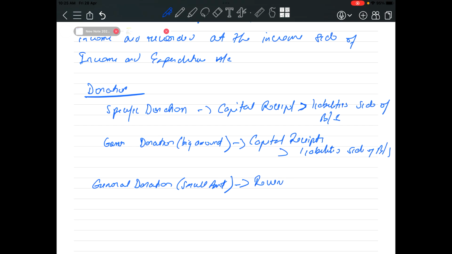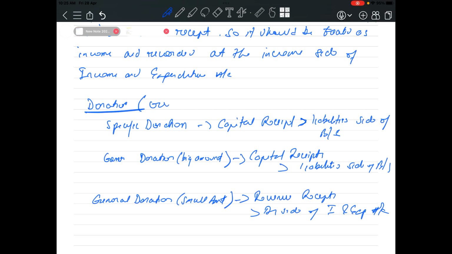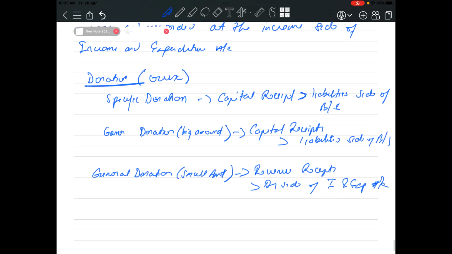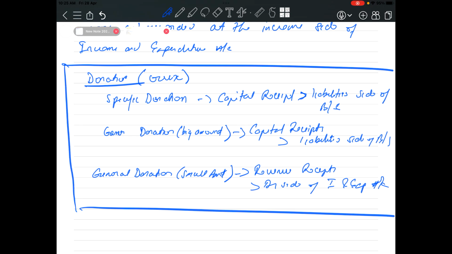It will be a revenue receipt, and it will go to the credit side of the income and expenditure account. This is the crux of donation. You have to remember this. It's very important. I hope this is clear. Simple and easy, right?